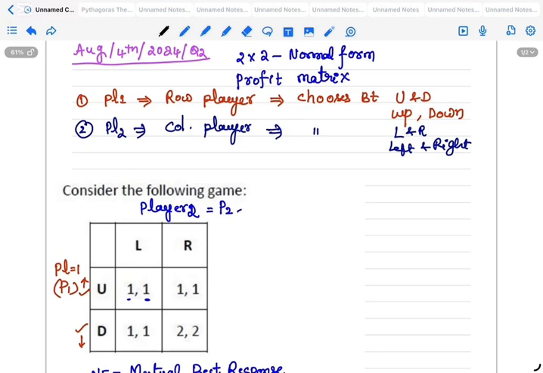Up U, down D, left L and right R. Both the directions.